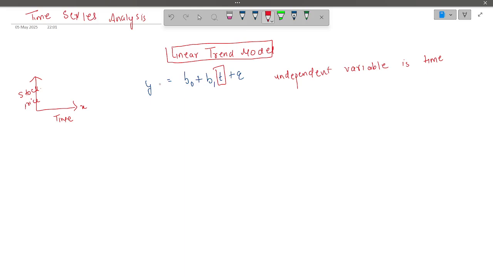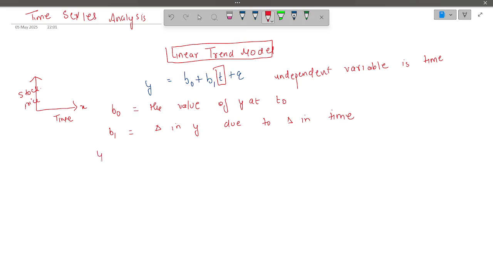So how am I going to interpret beta naught and beta 1? So beta naught is the value of y at time 0, and beta 1 is basically the change in y due to change in time, right? Simple है.